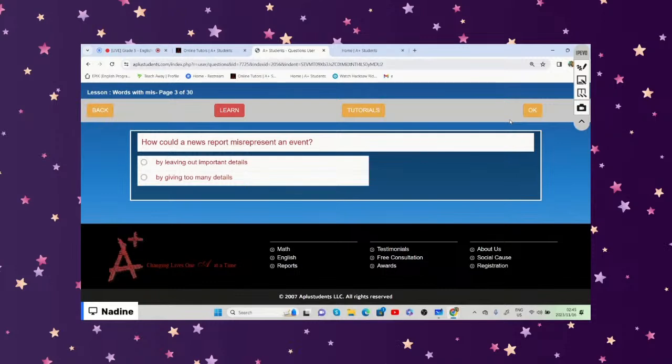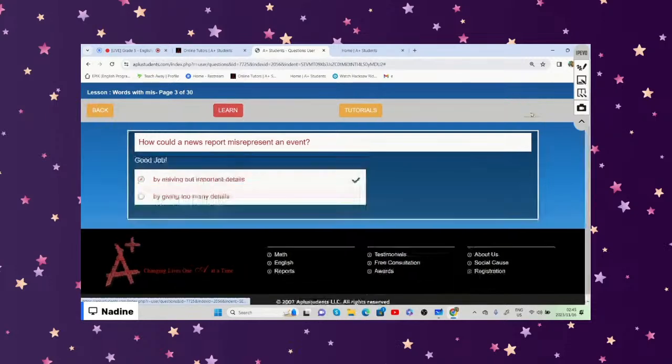So misrepresent. If a news reporter misrepresents an event, then it's by leaving out important details. All right.